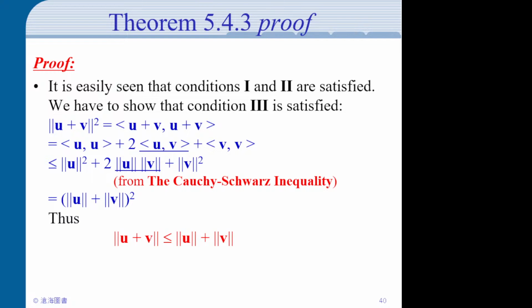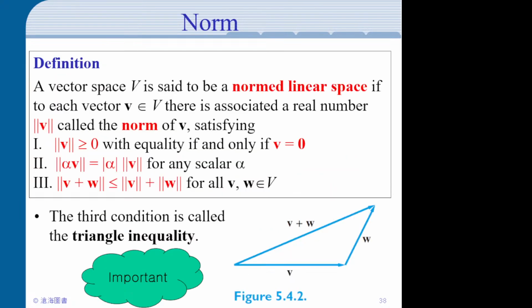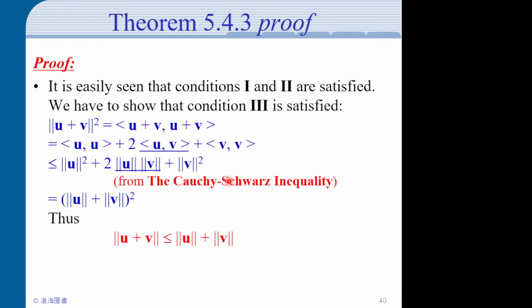So 1 and 2 are easy, and we can check 3. We want to check that the norm of v plus w is less or equal to the norm of v plus the norm of w. Well, the square root is a little annoying, so let's do the squared version. Instead of v and w, we'll do u and v.